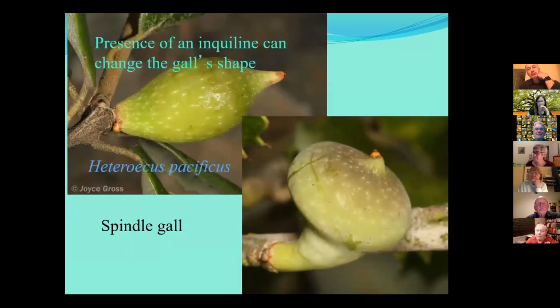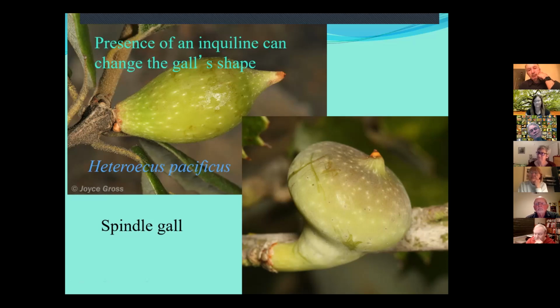Okay, without an inquiline here, this is a normal Heteroecus pacificus gall. It's a long, thin spindle. We've seen a picture of this before. This is typical on canyon oak. Spindle gall. This is what happens if it has inquilines, because in this case, the inquiline wasp has laid her eggs all around the original gall inducer.